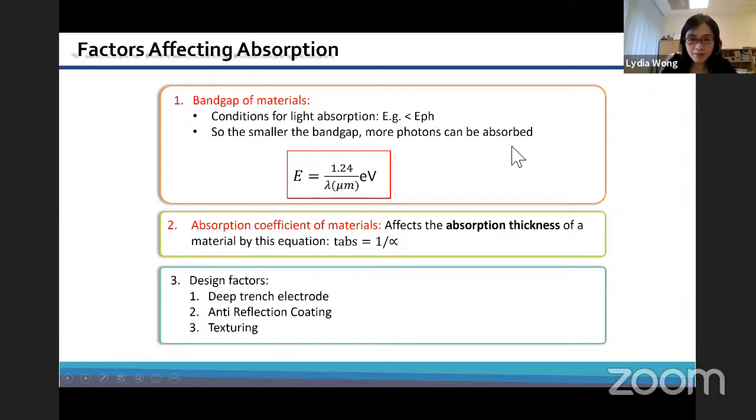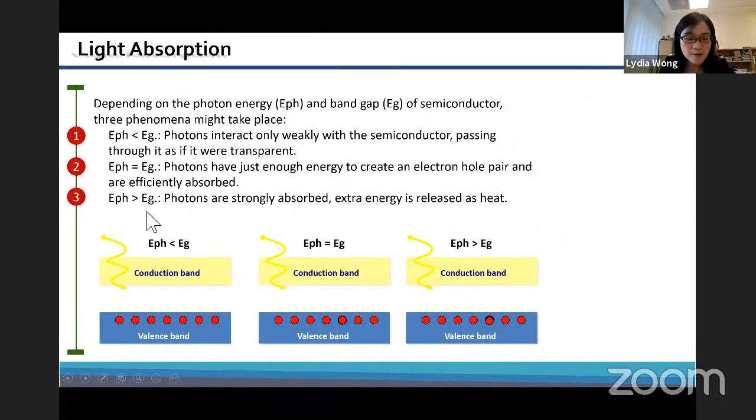So let me further elaborate this. This is the schematic of a semiconductor. You have a conduction band and valence band, and this semiconductor has a certain band gap. The band gap is the energy difference between the valence band and conduction band.